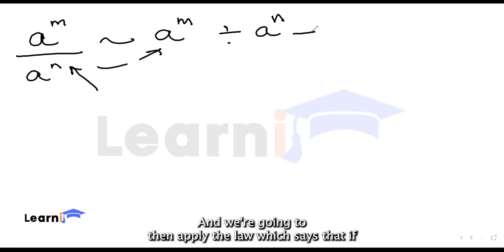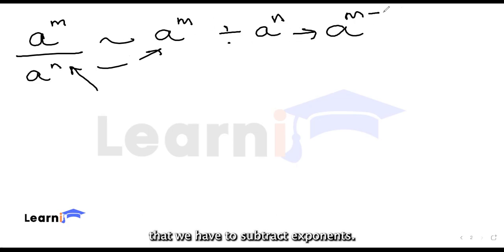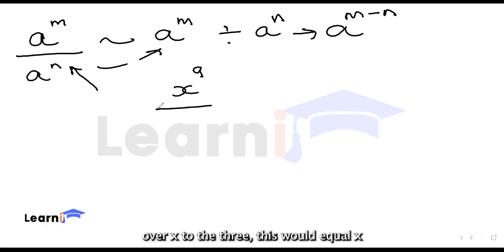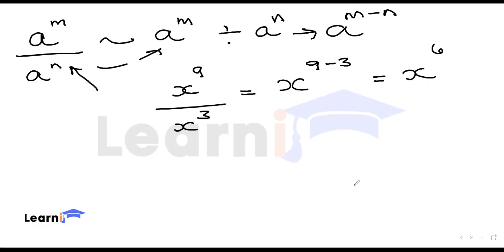And we're going to then apply the law, which says that if the bases are the same and we are dividing one power by the other, we have to subtract exponents. So if I had x to the 9 over x to the 3, this would equal x to the 9 minus 3, which is the same as x to the 6.